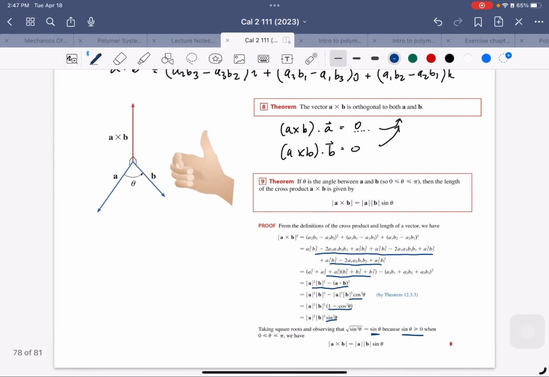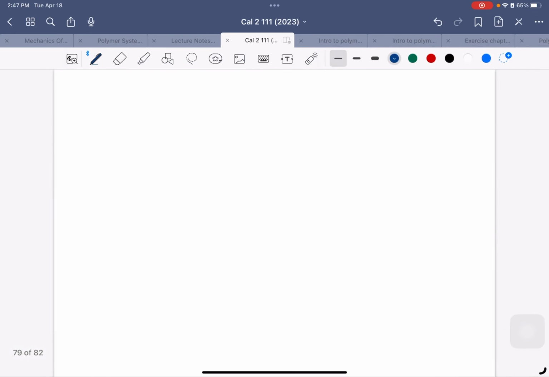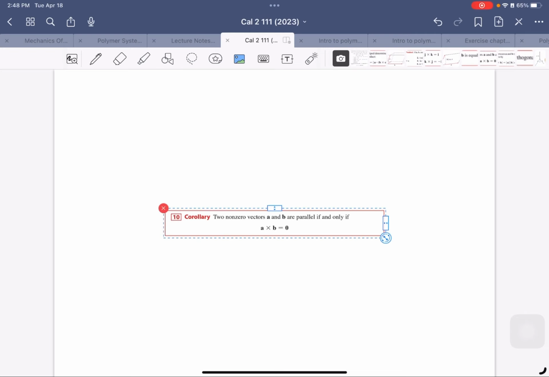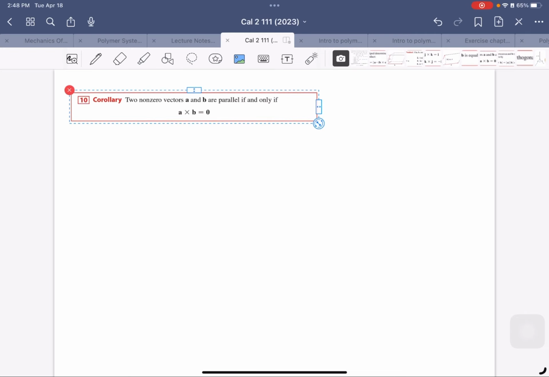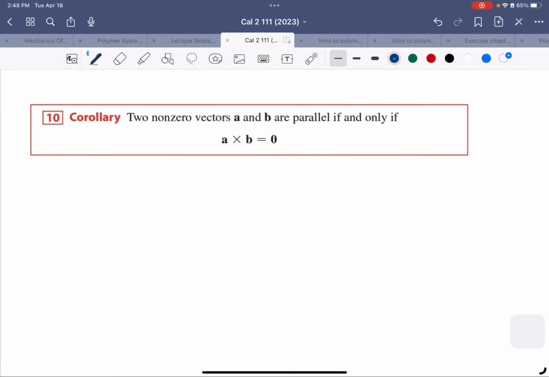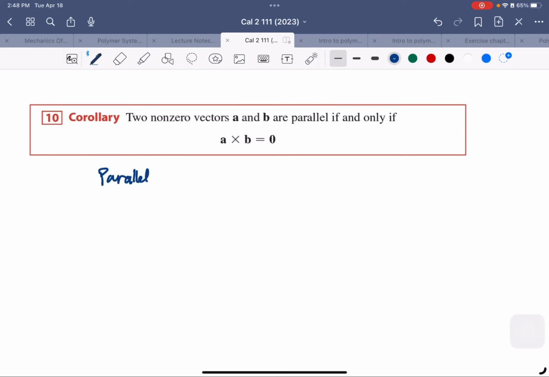Another thing in this cross product is parallelism. Vector A and vector B are parallel if their cross product is 0, which means they are parallel if theta is 0 or pi, right?